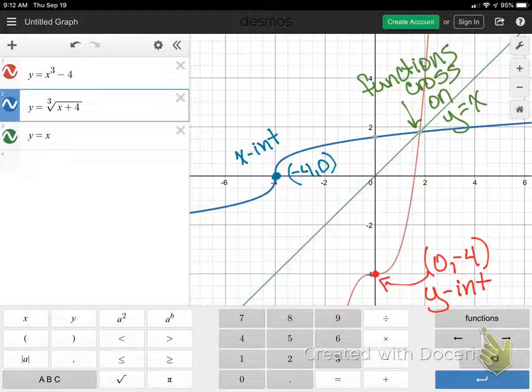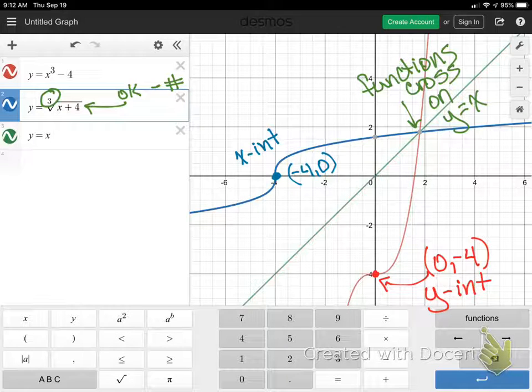And because of this, it's okay to have negative numbers inside. Now, if that was a square root, it wouldn't be okay. But a cubed root is okay because it's an odd root.